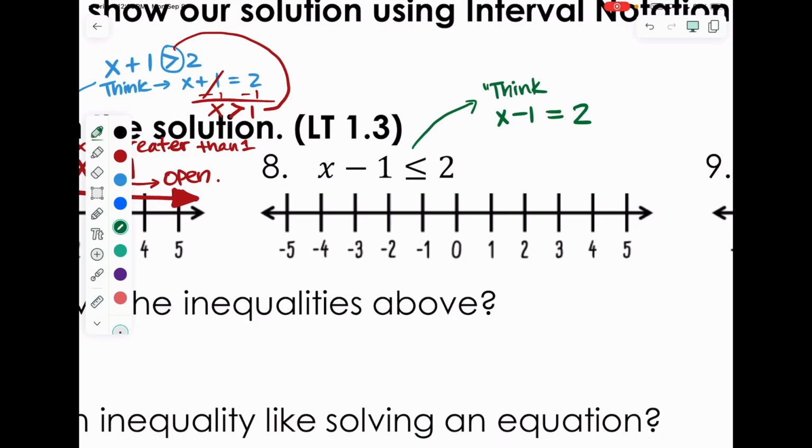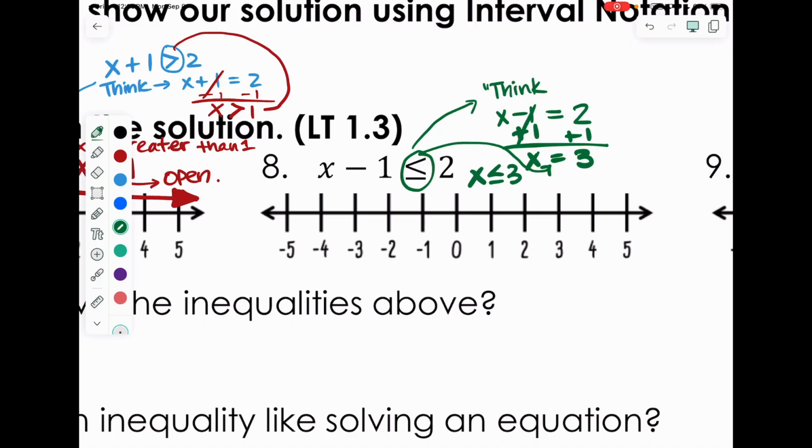Now, how would we solve for that one? Jake. You would add 1 on both sides. Bingo. Plus 1, plus 1. Then I have x equal to 3. I just need to bring the same sign back into the picture and rewrite it. So it should be x is less than or equal to 3.